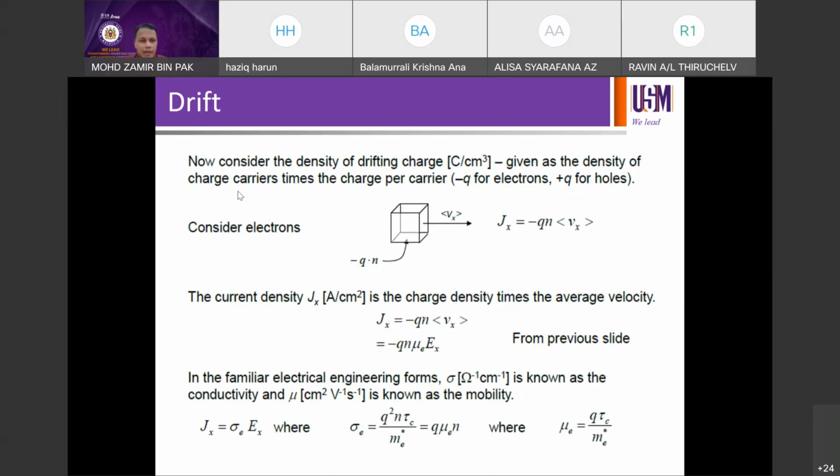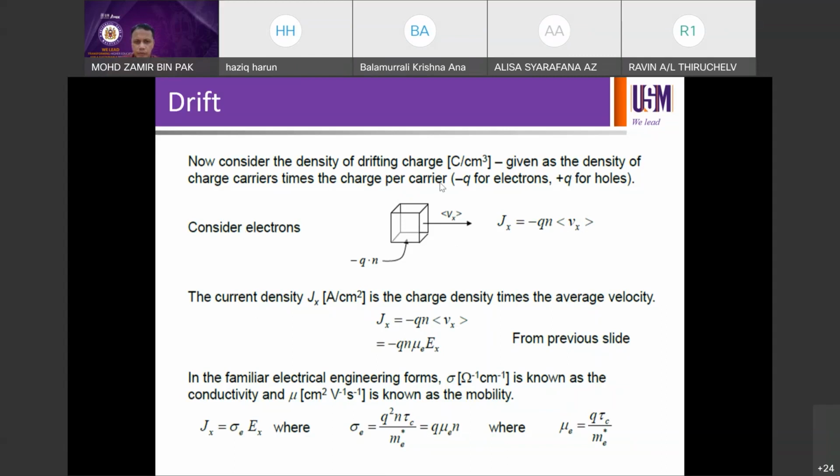Okay. Now consider the density of drifting charge. Since the charge is drifting under the influence of electric field, the charge is then the carrier. Given as the density of charge carriers times the charge per carrier, negative q or plus q. Consider electrons.